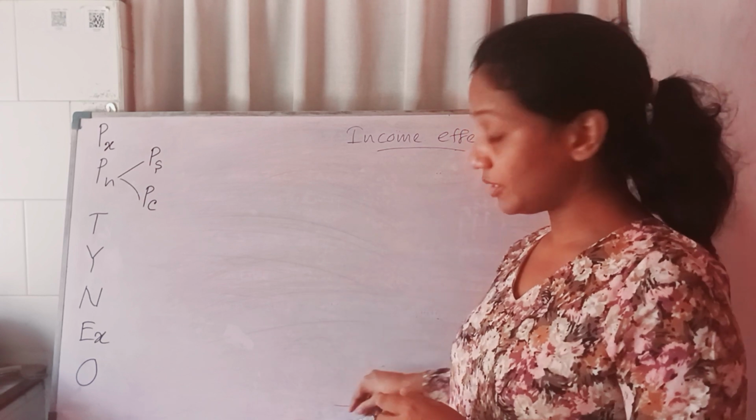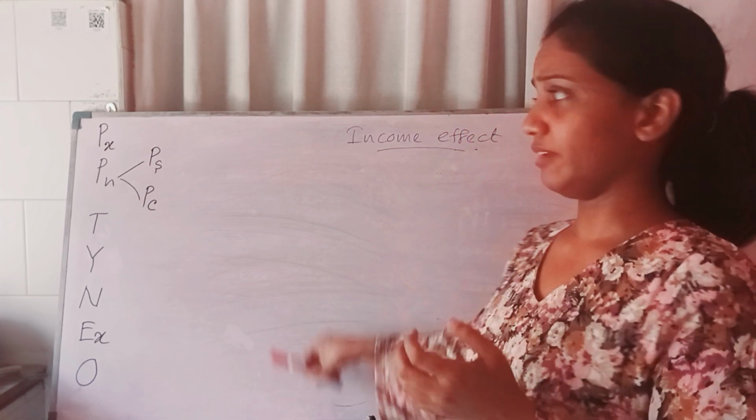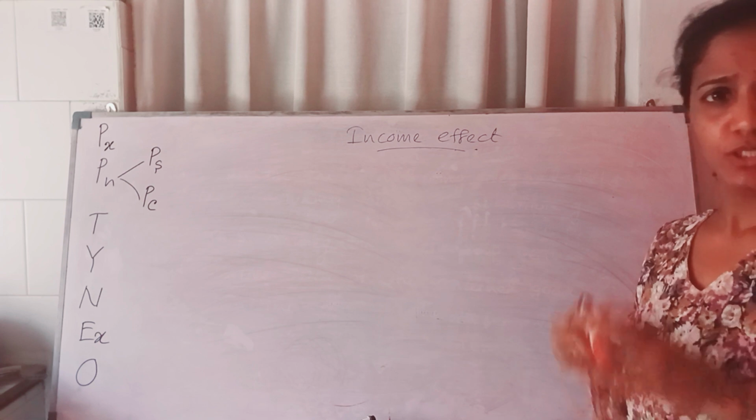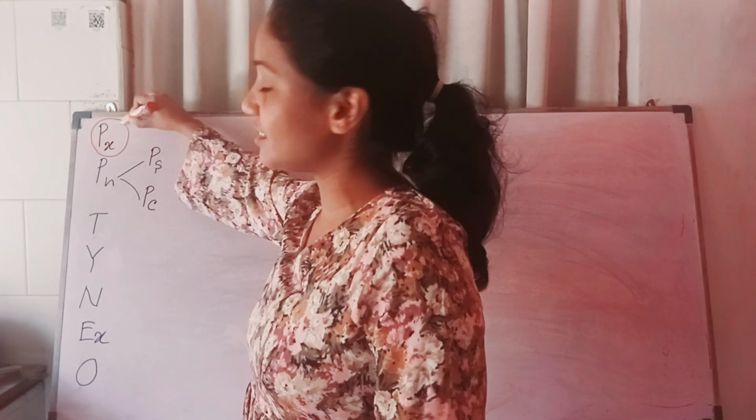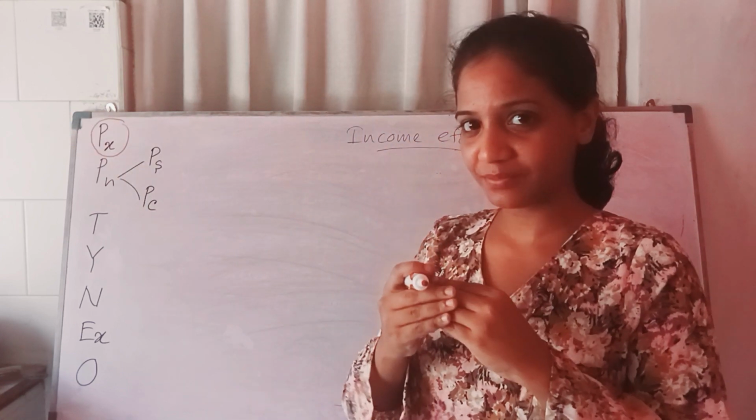When we talk about the reasons of the law of demand, or when we talk about the income effect, you all have to remember, children, only the price of the concerned good changes.